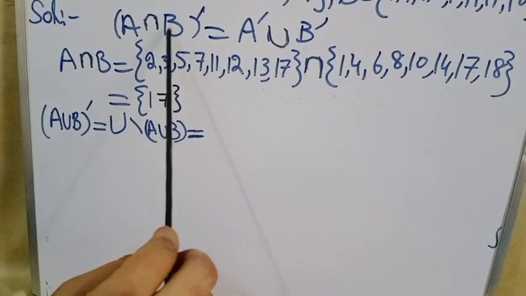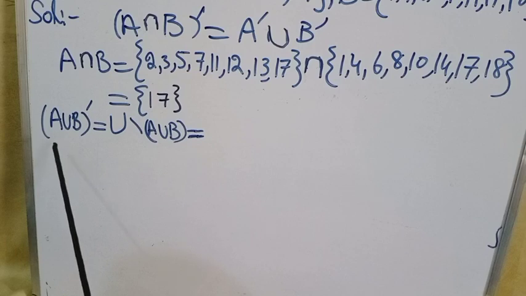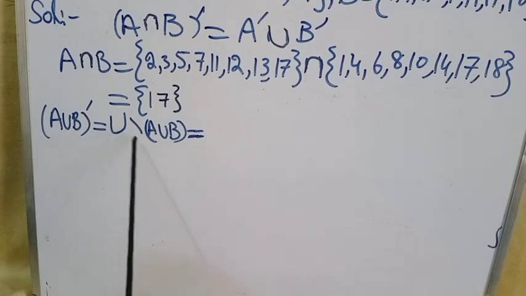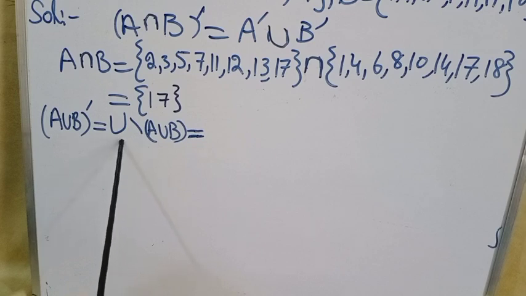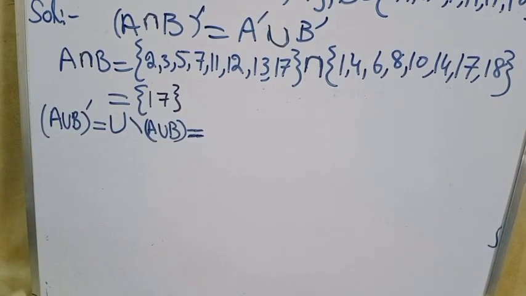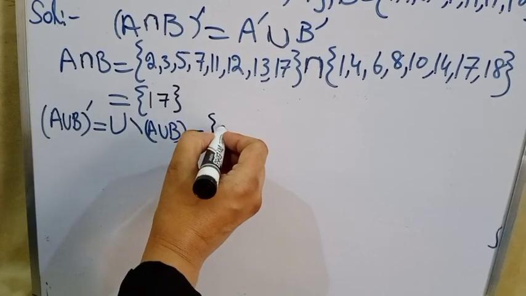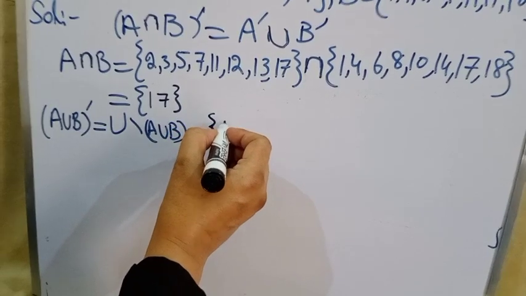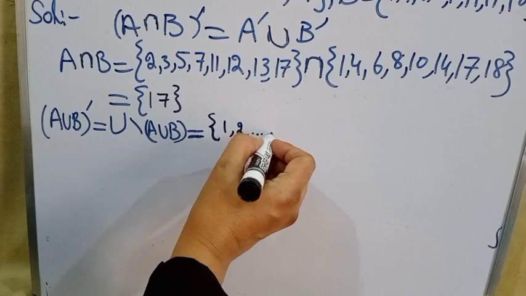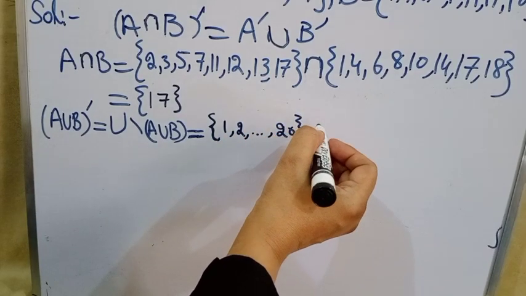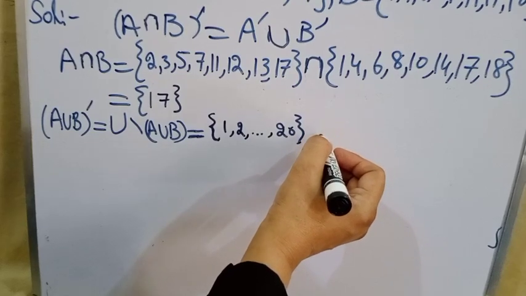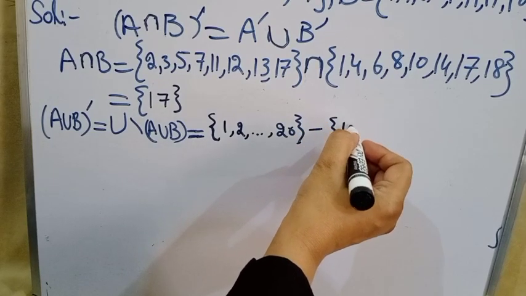Next we have to find A intersection B whole complement. It means universal set minus A intersection B. So all elements of the universal set minus the elements of A intersection B. We have elements of universal set 1, 2 up to 20, the natural numbers including 1 and 20, minus 17.